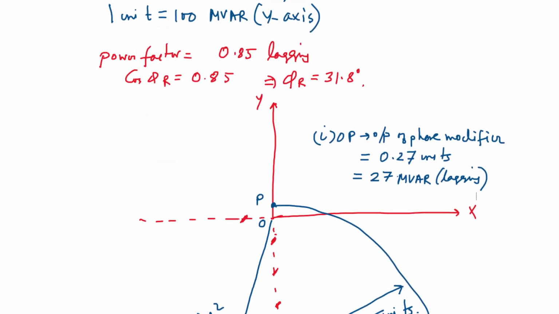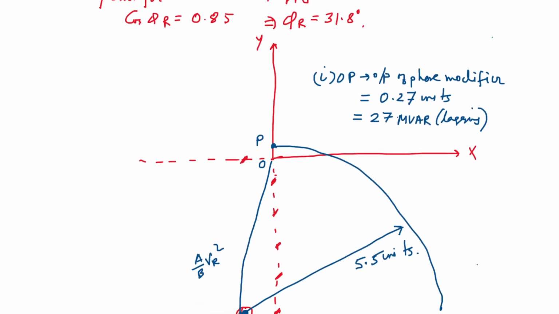On the second part, we should draw a load line by making an angle of 31.9 degree. So this angle is phi r, which is equal to 31.9 degree. This may be the position.